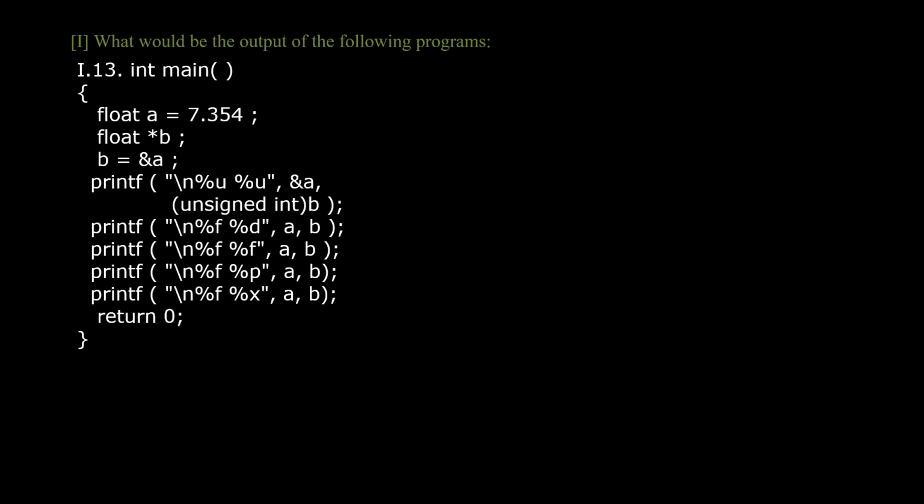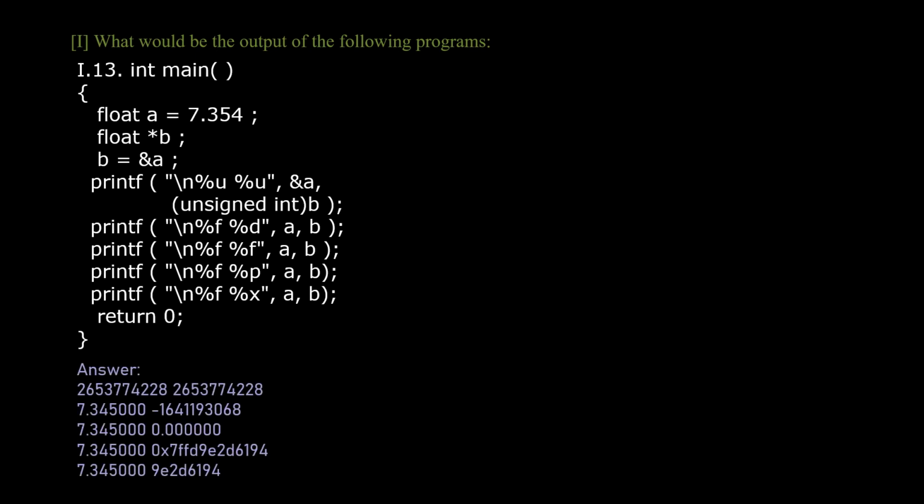Whereas, okay, the next line is %x for b. So the address is printed in hex format, and usually %x will print only the least 4 bytes in that address. When you use %p, most of the compilers give an 8-byte address.